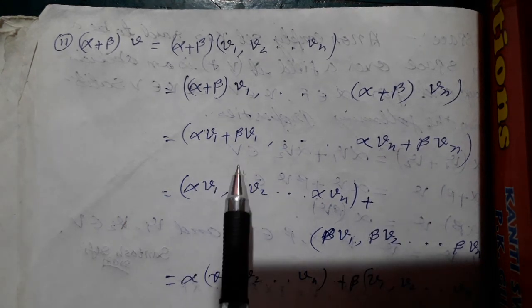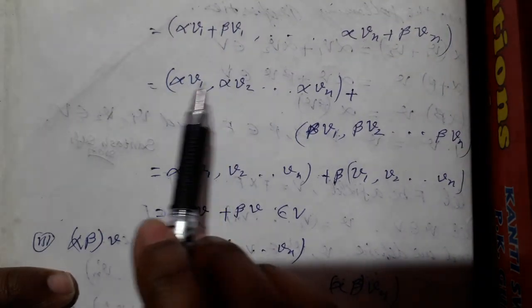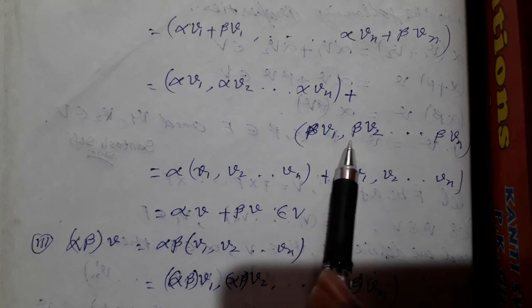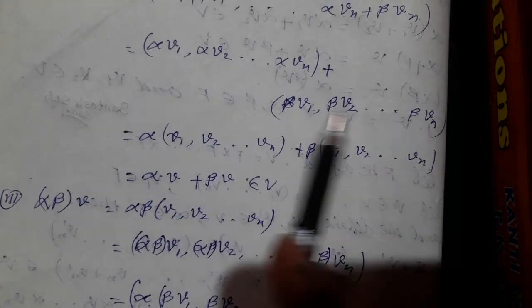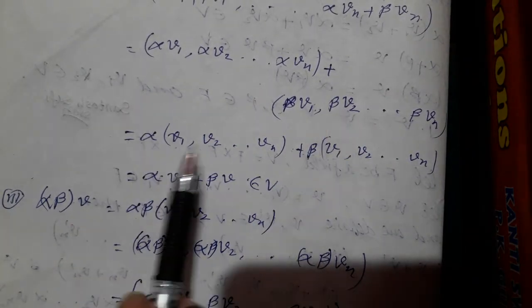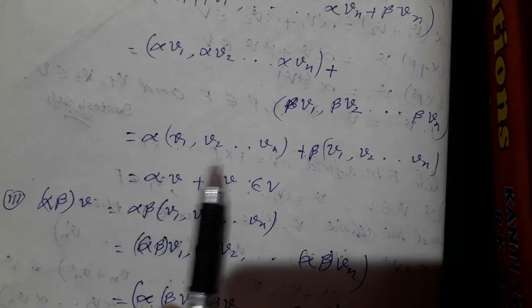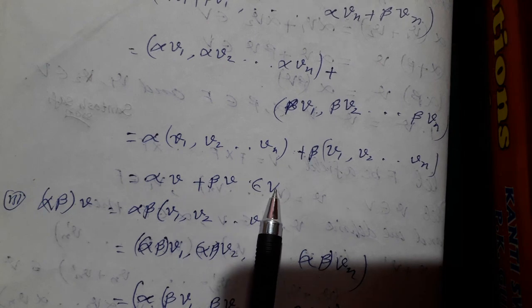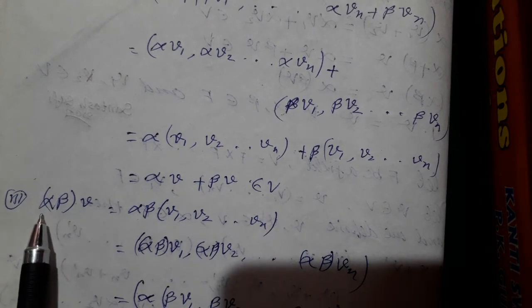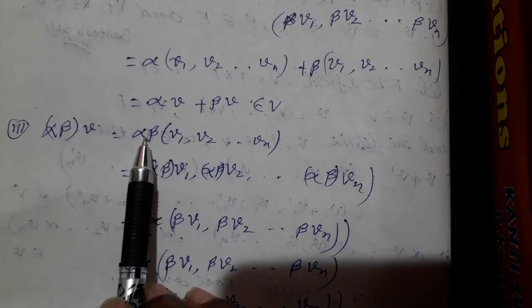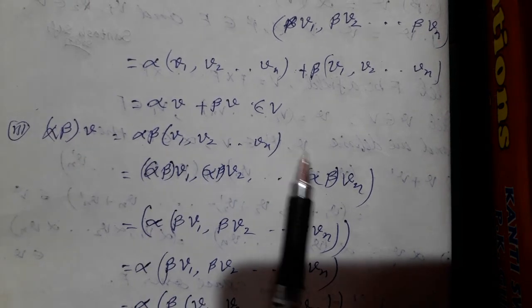We can separate coordinate-wise: alpha v1, alpha v2, alpha vn plus beta v1, beta v2, beta vn. Alpha can be taken common from here and beta from here, so alpha v plus beta v belongs to V. In the same manner we can do it for alpha beta v.